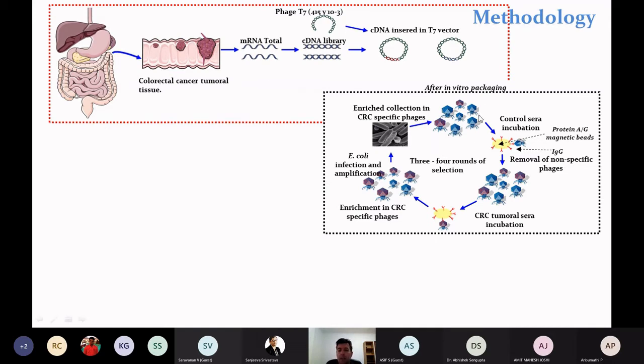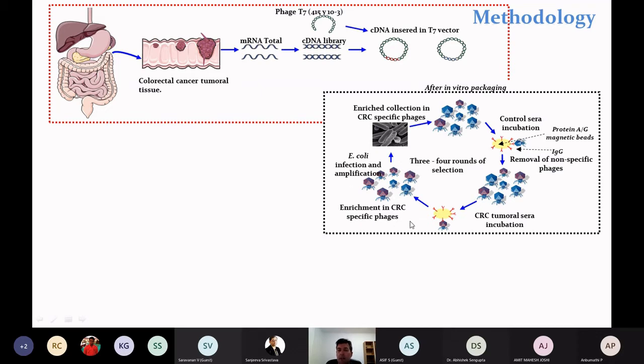Here, in the library of phages, we depict in red the specific colorectal cancer phages that can be enriched in different rounds of selection, simply by incubating with control sera to remove non-specific phages, in blue, and then enriching in specific phages, in red, by incubating with colorectal cancer sera, the IgG from the patients.